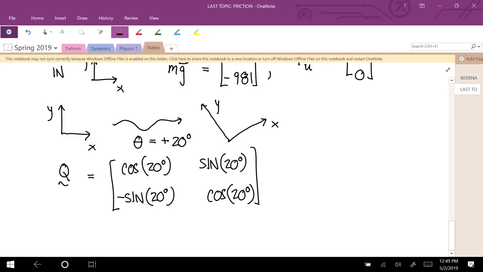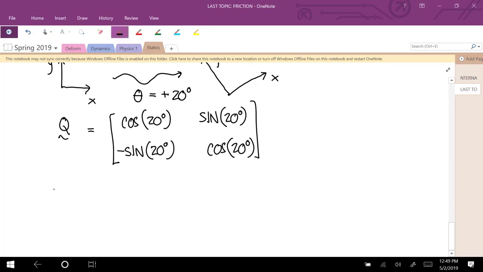And we're going to multiply that by the weight force. The weight force in the new coordinate system is going to be equal to Q times 0, negative 981.